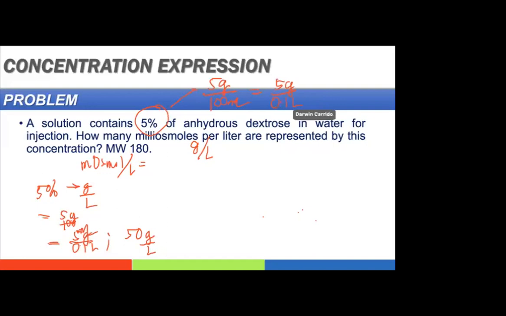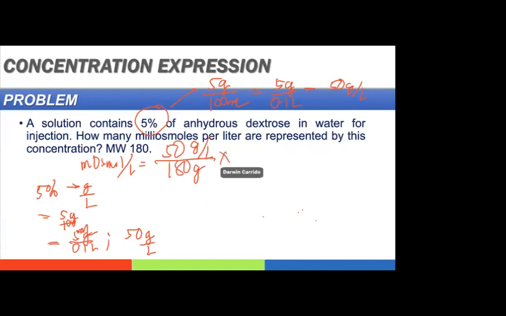Right? 100 ml is equal to 0.1 liter. 5 grams divided by 0.1 is 50 grams per liter. What is the denominator? What is the molecular weight given? 180 grams.